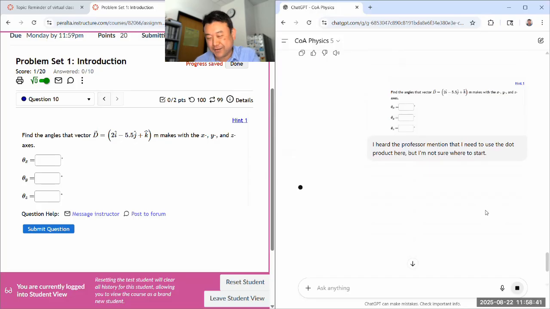Let's see what it'll do. One challenging thing is that the dot product is not in the lecture notes, so if it's looking at the lecture notes, it won't find the necessary information. It has to figure out that it has to pull from its general knowledge. Maybe.